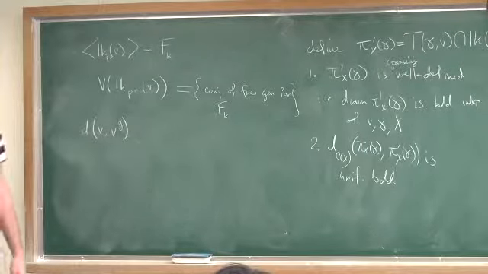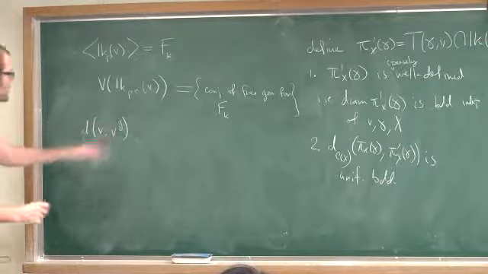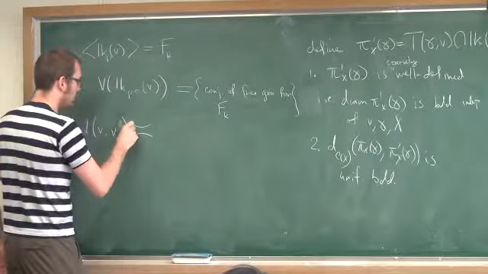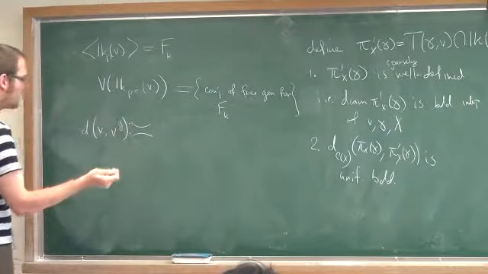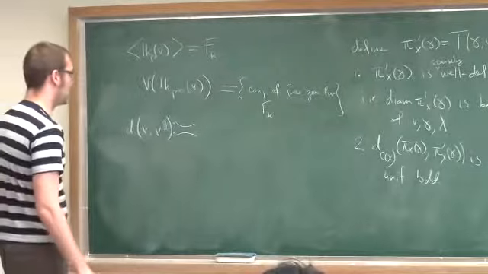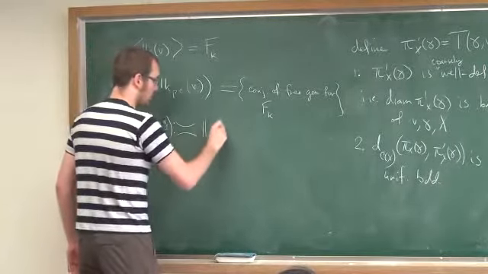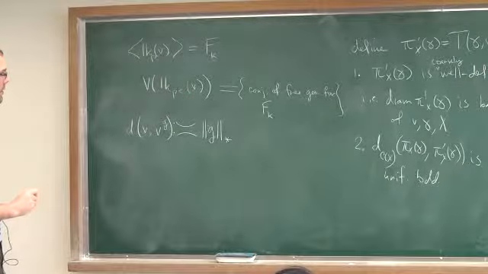Well, we already had that in the connected case. This distance was roughly just the star length of g. And so we define this distance, up to some bounded multiplicative and additive error, which we don't really care about that much, to be the star length of g in this free group.